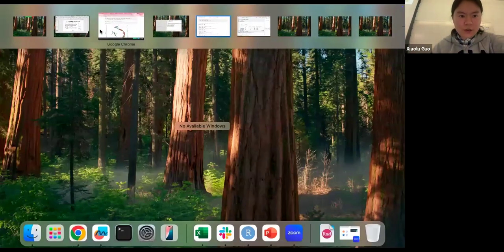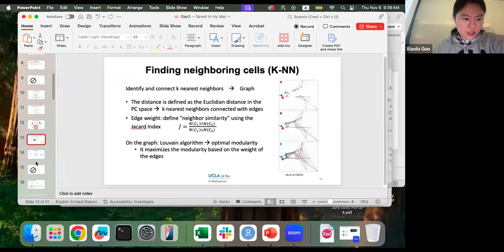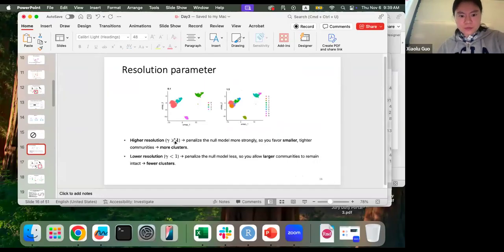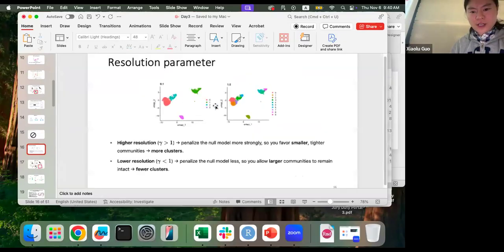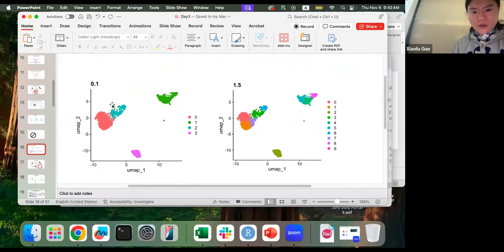So a quick explanation of that parameter. With a higher resolution parameter, we will get more clusters, and with a lower resolution parameter, we will get fewer clusters. We showed an example of resolution equal to 0.1, and then we only see 4 clusters, versus if we set the parameter as 1.5, then we can see 10 clusters.